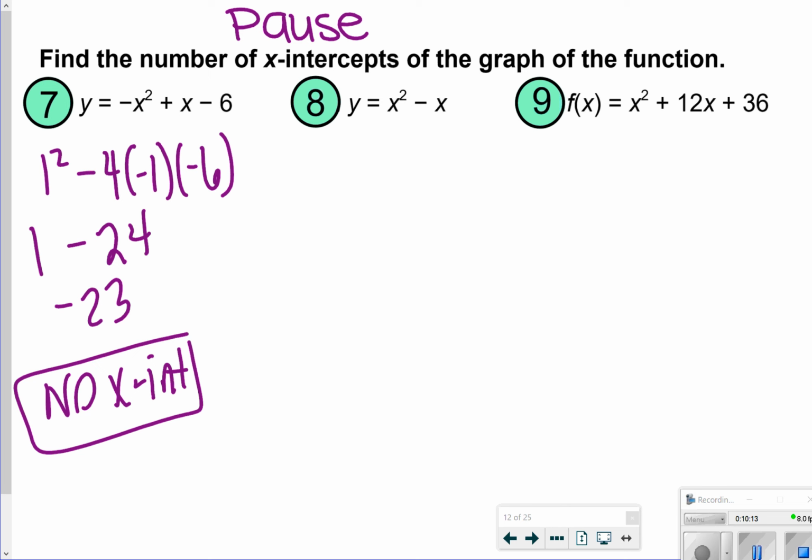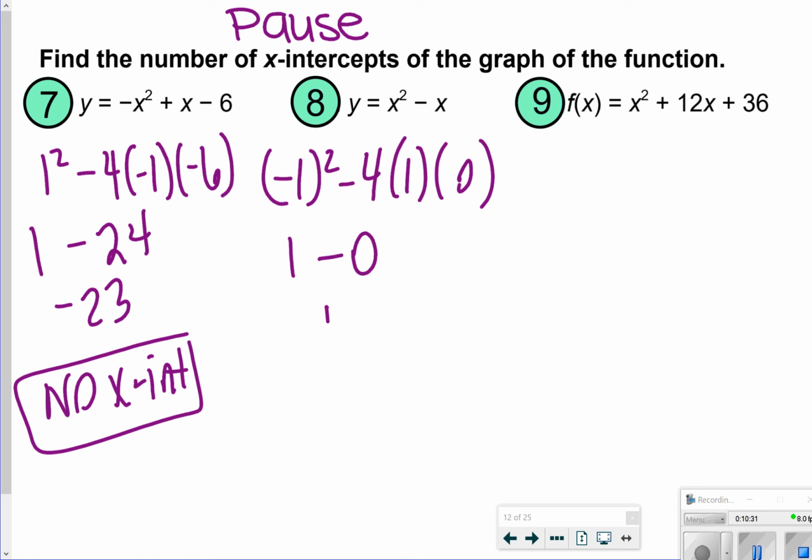For number 8, we have b squared, which is negative 1 squared, minus 4 times 1, and then c is equal to 0. So we have 1, negative 4 times 1 is negative 4, but times 0 is 0. So 1 minus 0 is 1. That means we have 2 x-intercepts because it's greater than 0.